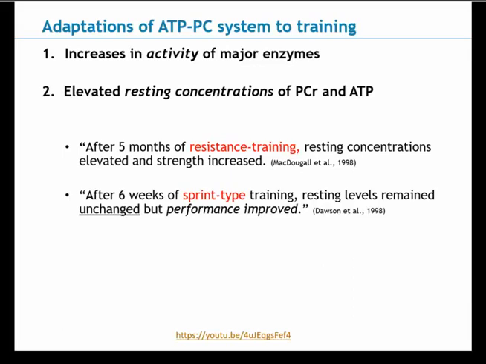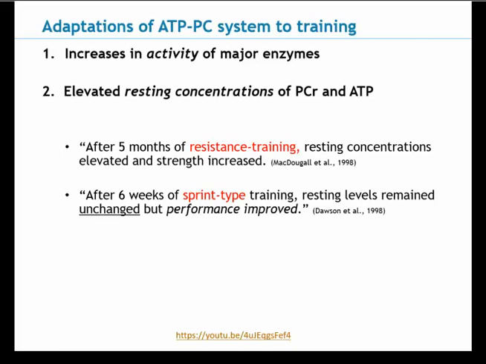Next, we have sprint type training. This study looked at 6 weeks of sprint training, and what's interesting is that the resting levels remained unchanged. There was no greater resting concentration of ATP or phosphocreatine in the body, but performance did improve.